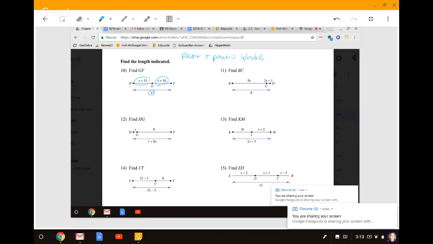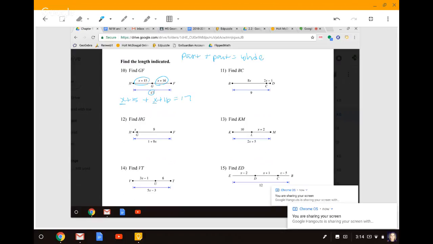You're going to write x plus 15 plus x plus 16 equals 17, okay? Okay. And then now this is going to go back to algebra, but you're going to combine your like terms.